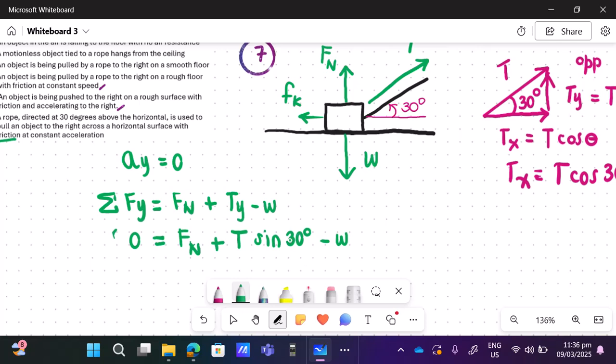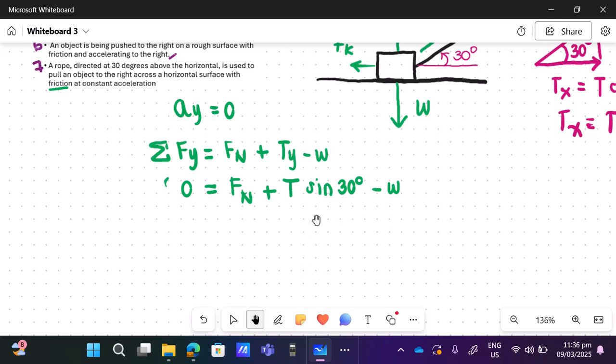Now in this case, we can clearly see that normal force is not equal to mg. So we can rearrange and find normal force.